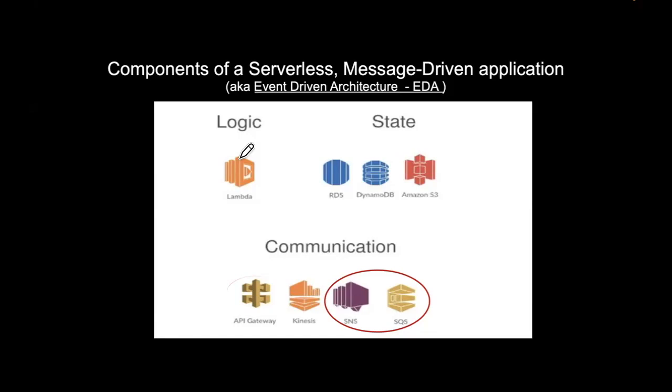We haven't looked at them and we won't get to look at them, but they are there. So the compute components within an application could be a Lambda, a container, an EC2 instance, or a combination of those.